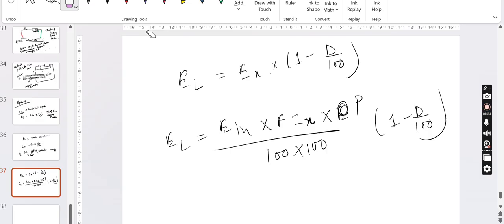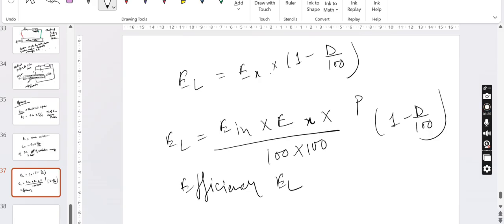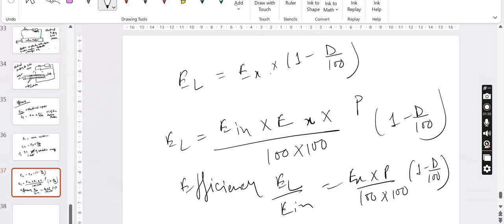This is the efficiency of the laser. So efficiency is basically EL by E in, which is EX into P by 100, into 100, into 1 minus d by 100.